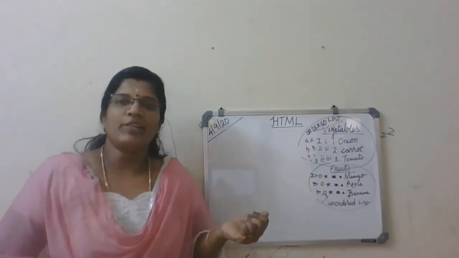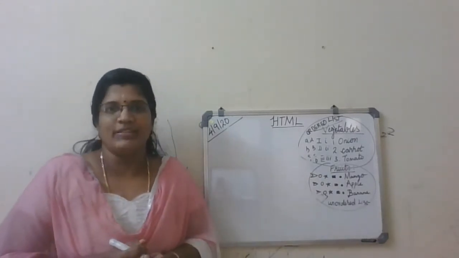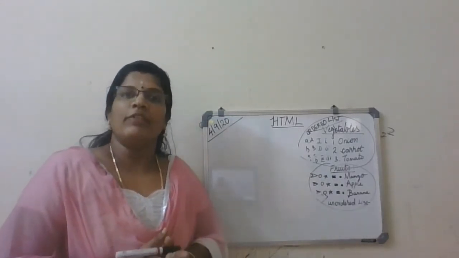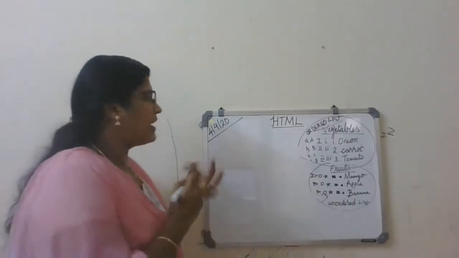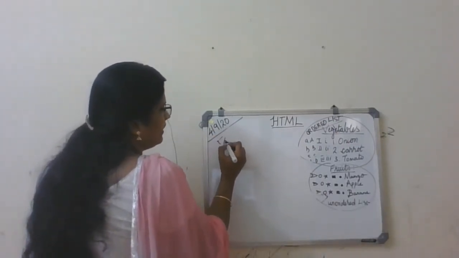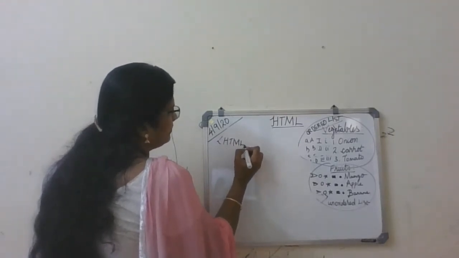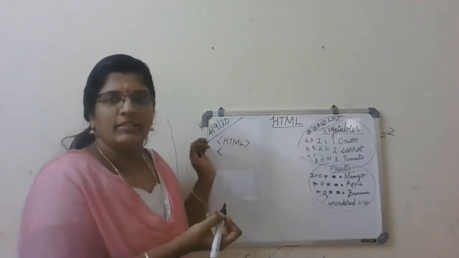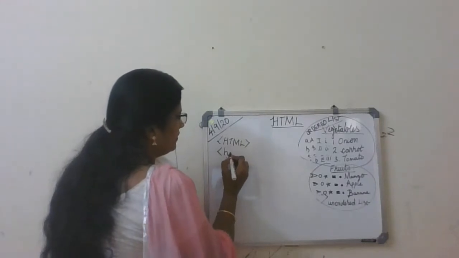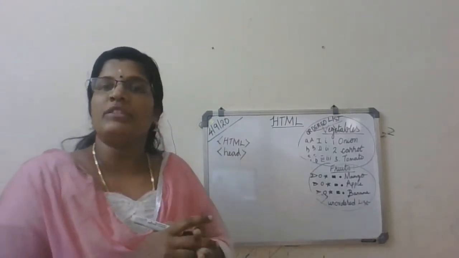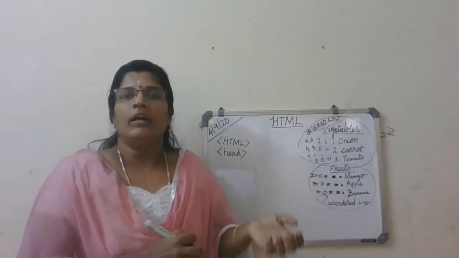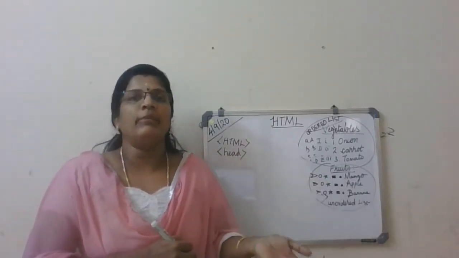Let's write a program for making the vegetables list. As I said, every program should begin with the HTML tag. So let me start here. HTML. Then the next tag is head. And if you want to specify the font, paragraph alignment, center alignment, everything you can give here.